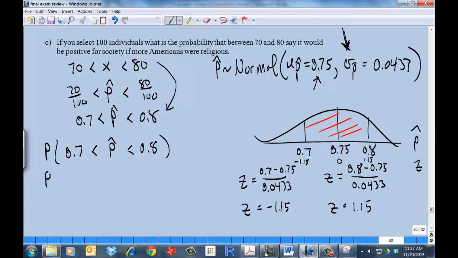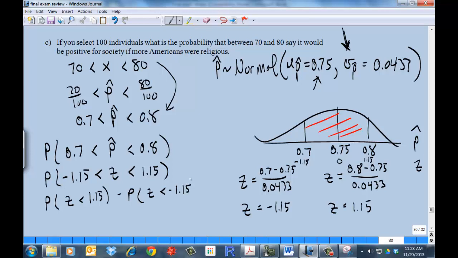So now we can write our formula in terms of z: the probability that z is between minus 1.15 and 1.15. And now we use the idea that we've talked about before. This is equal to the probability where z is less than positive 1.15 minus the probability where z is less than minus 1.15.